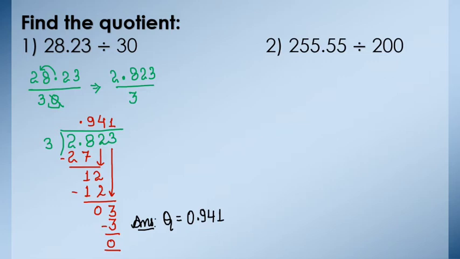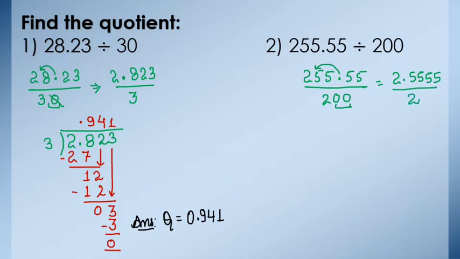Now the next part we have is 255.55 divided by 200. So 255.55 upon 200. In this one we have two zeros in the divisor. So we will shift this decimal two places to the left and it will be equal to 2.5555 upon 2.